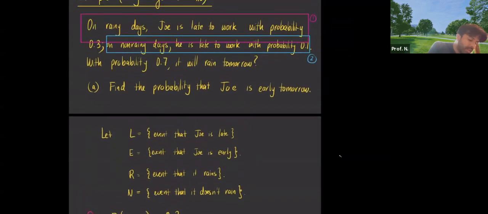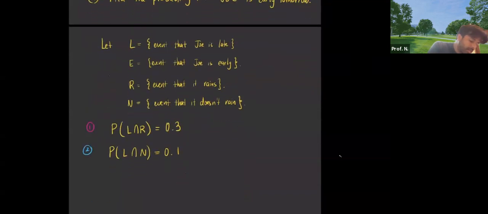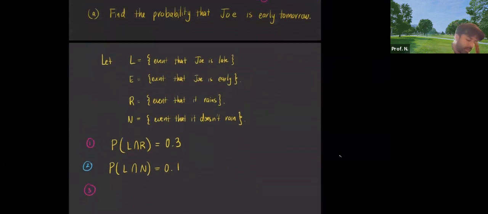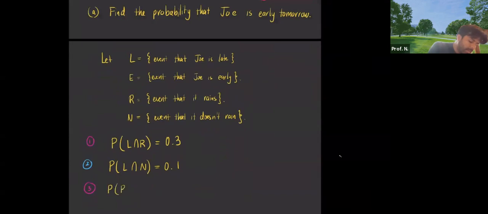So that last statement here, what does this third statement here say? The probability that what will happen? Probability that it would rain, right? Is 0.7.